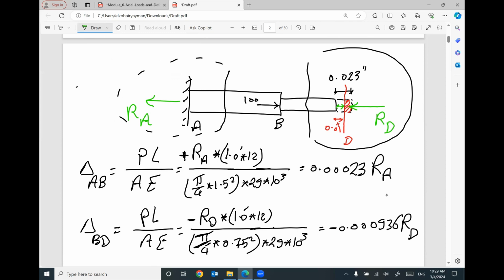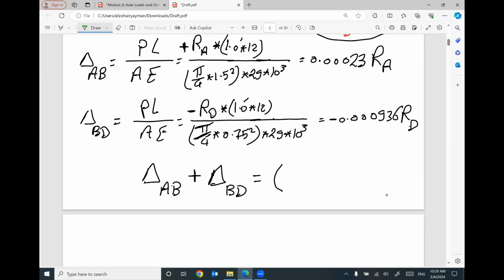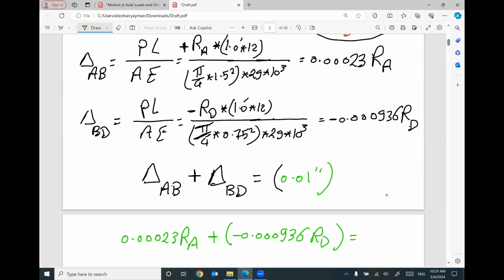After this, no axial deformation is allowed. So it will be 0.01 inch, the gap between the end of the shaft and the wall. So 0.00023 RA plus negative 0.0000936 RD must equal 0.01 inch.